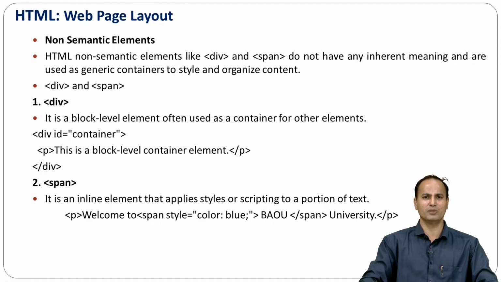So the content in the paragraph is welcome to BAOU University, and within it we are highlighting BAOU in blue using the span tag. That's why we said it is an inline tag, used within a paragraph tag. So division and span are both non-semantic elements.